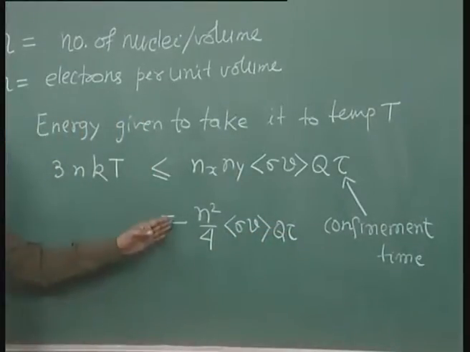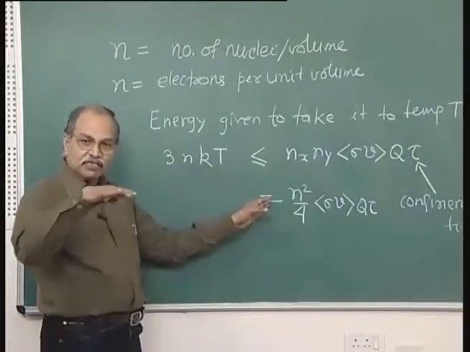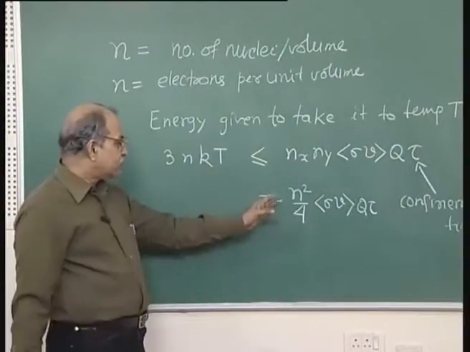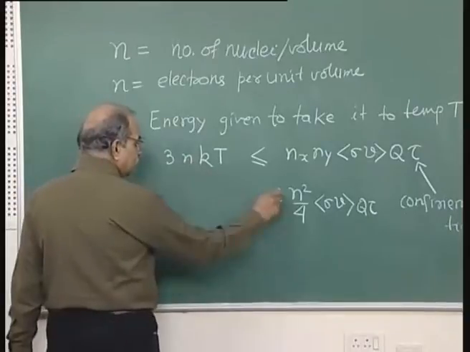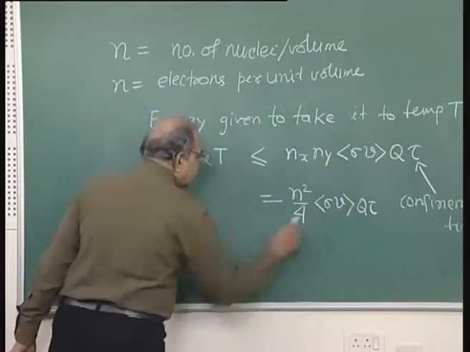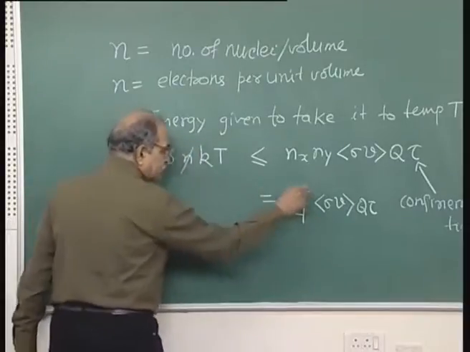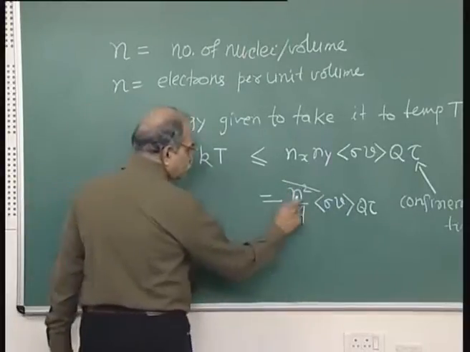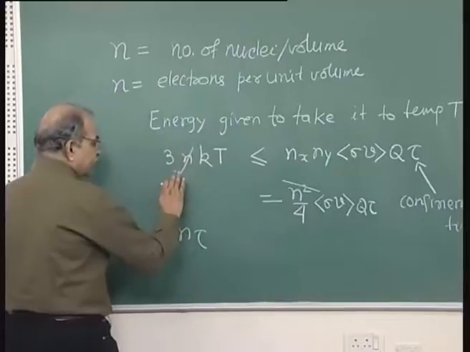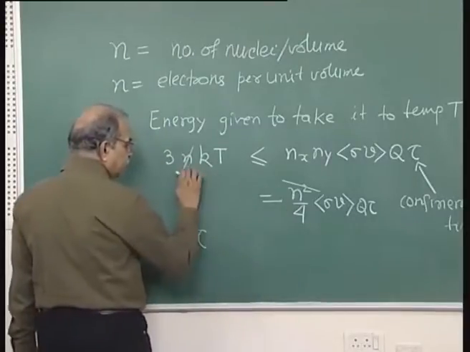So, if you take the equality sign, that is the threshold minimum that has to be maintained, then you can write n tau, you can take it here on this side, and the rest, this n cancels with this square here, and n tau you can retain on this side, everything else you can transfer to the other side.